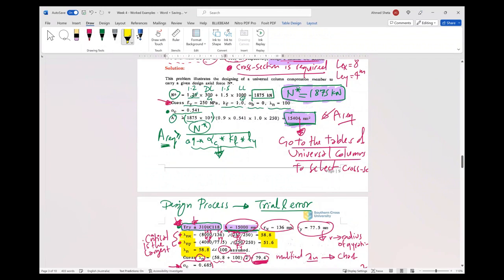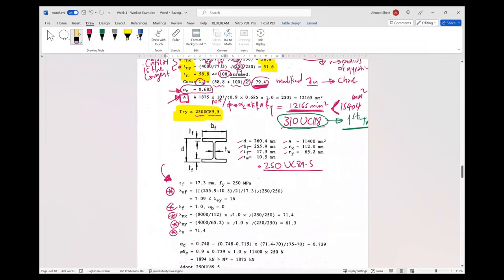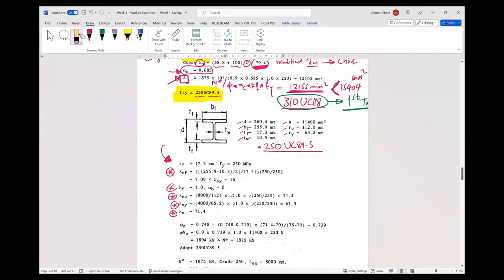So as all these parameters were assumed, we cannot just take the first trial. So we have to try two trials and then judge. So I will leave the comment on the first trial now here.